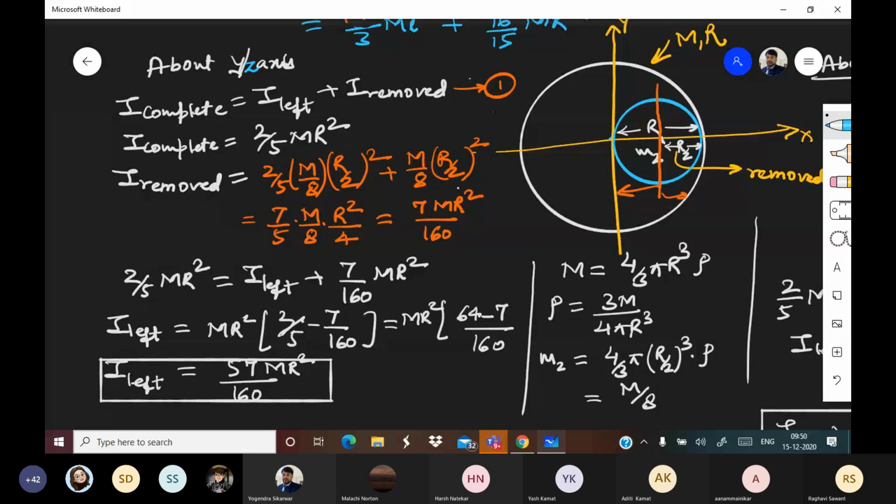So shifting is also the same value. And if you are going to put all these values in the formula, you will be getting exactly the same calculation. Yes or no?